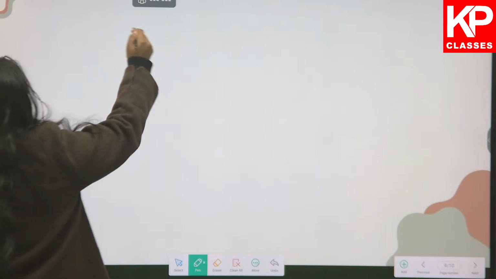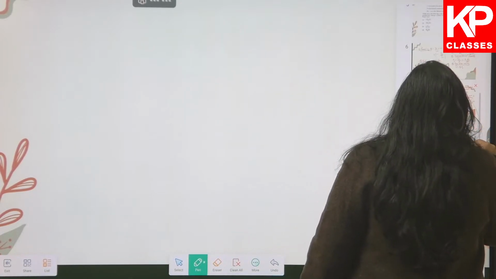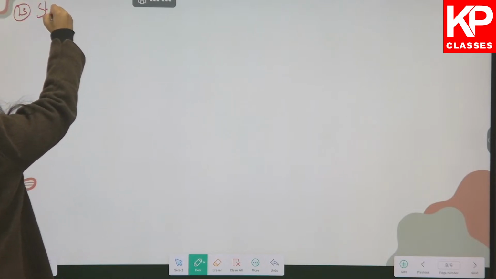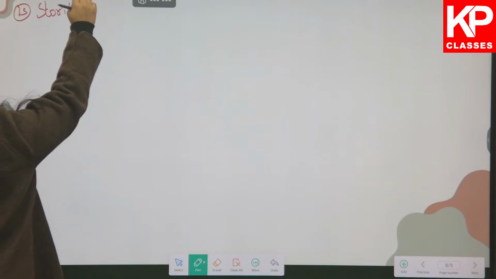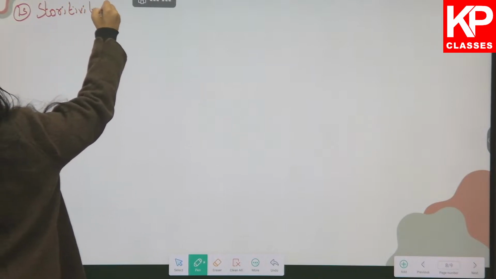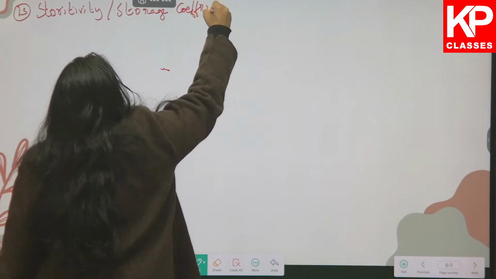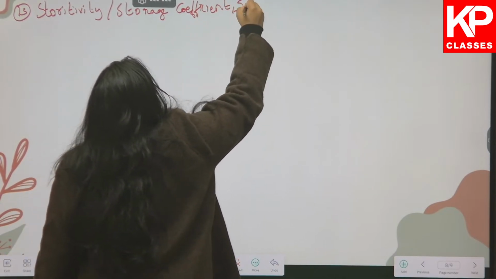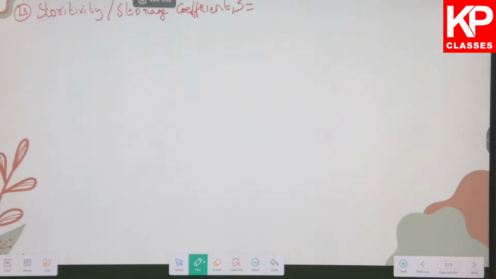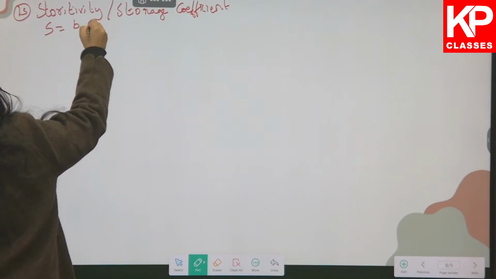Now the next terminology is how to calculate the storativity or storage coefficient. Storativity, or storage coefficient, is notated by the letter S. S is equal to the thickness B into specific storage SS.